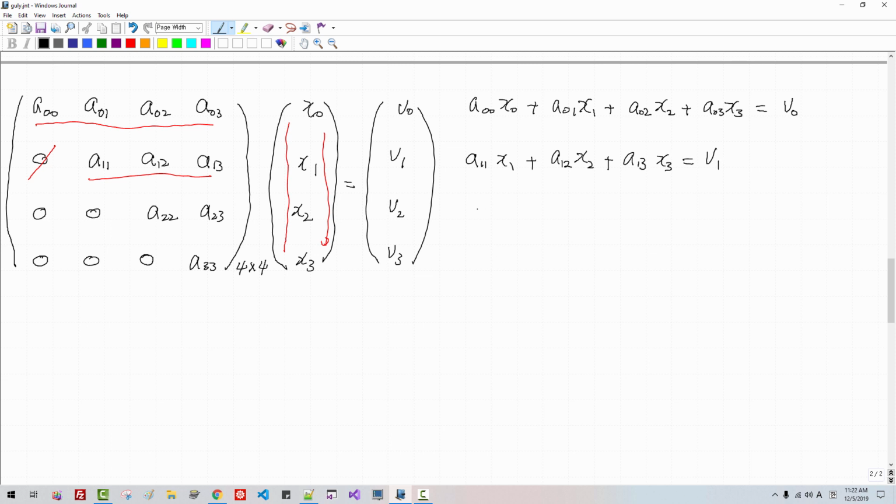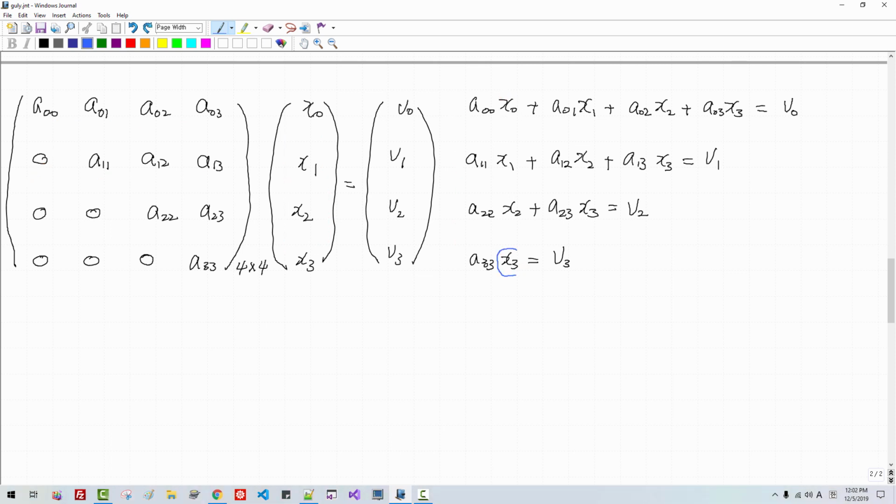In the same manner, A22 X2 plus A23 X3 equals V2. A33 X3 equals V3. We want to solve this system of linear equations starting with x3, then down to x0, in reverse order. So this is back substitution.